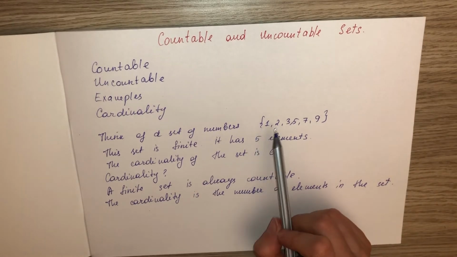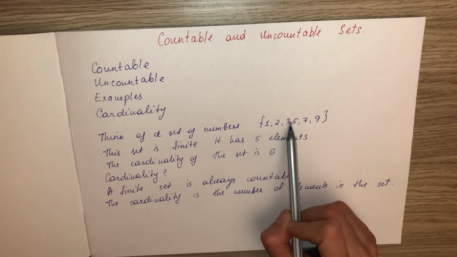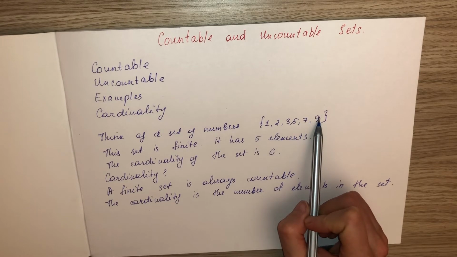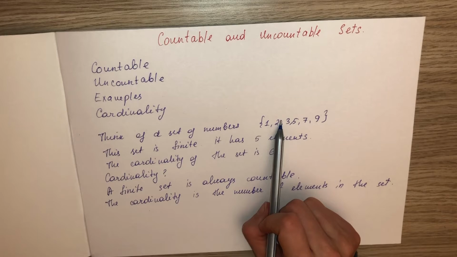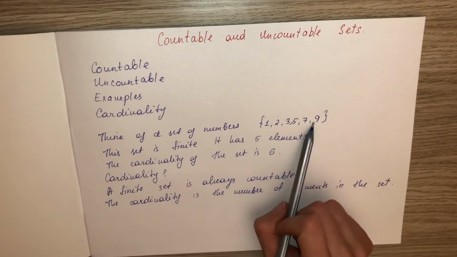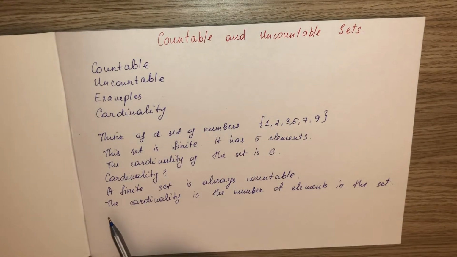So here we have 1, 2, 3, 4, 5, and 6. We have 6 elements in the set, and the cardinality of our given set is 6.